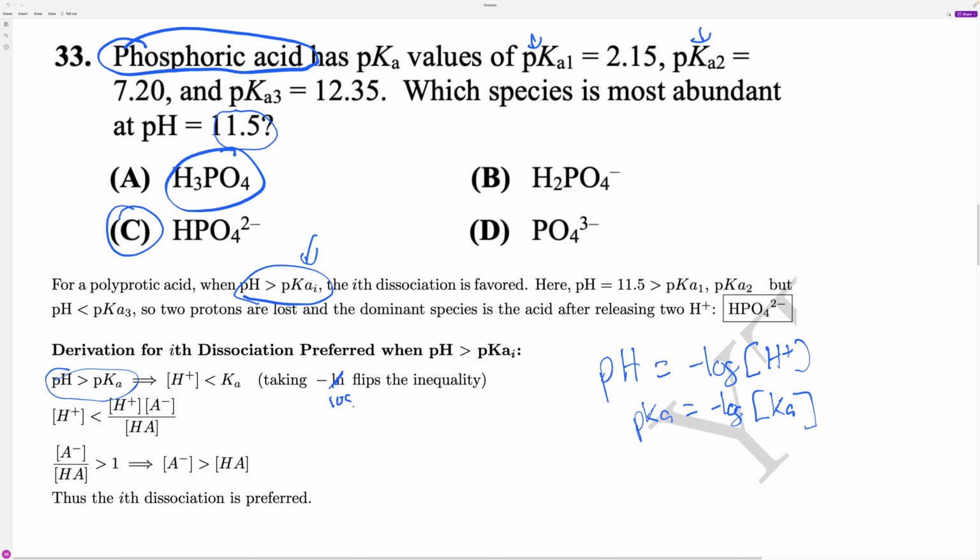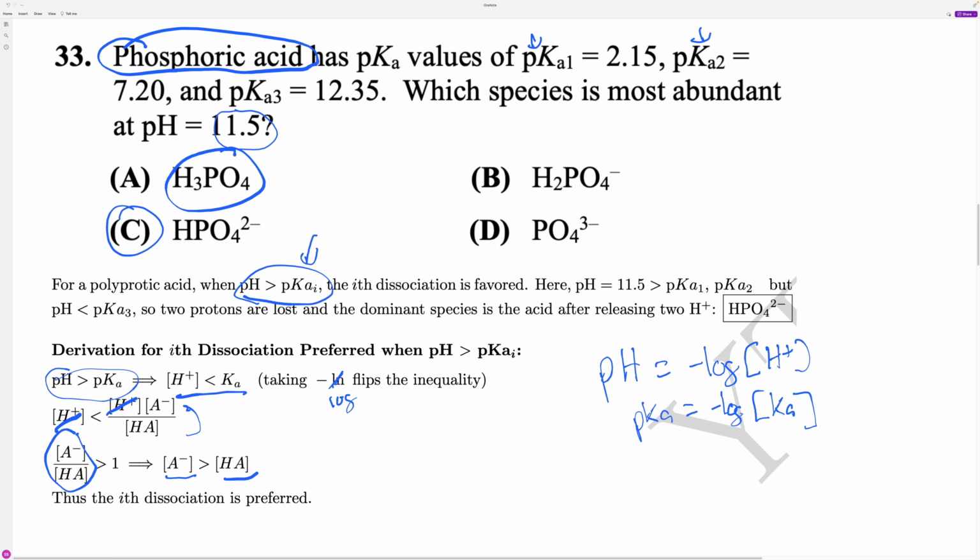I made a mistake there. We take the negative log, and that actually flips the inequality. So [H+] is going to be less than Ka, and this is a Ka form. So we just do that here. We divide both sides by [H+]. So we get that this side is going to be greater than 1. So [A-] is going to be greater than [HA].